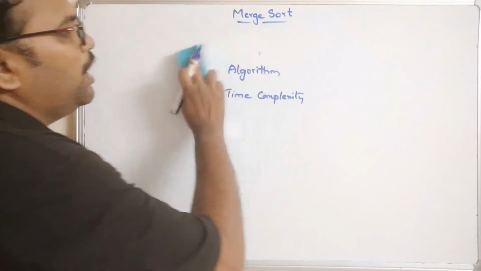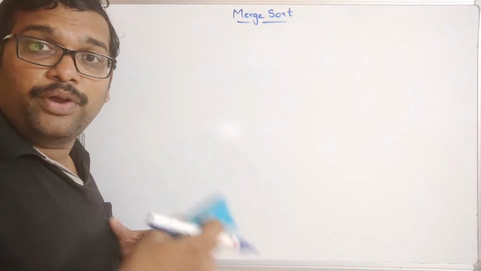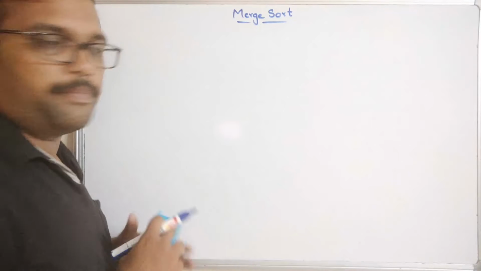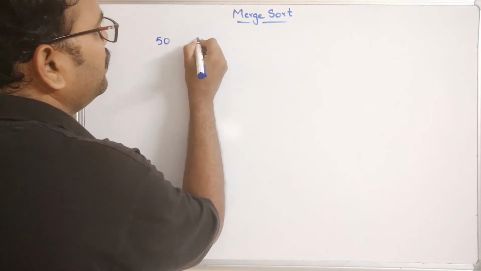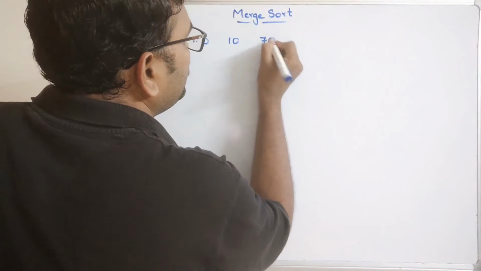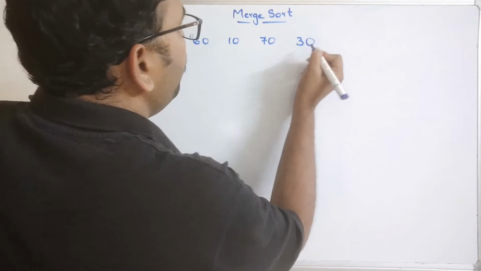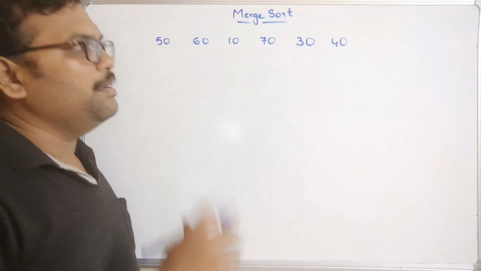Let us take a few unordered elements, and we're going to use the divide and conquer method. 50, 60, 10, 70, 30 and 40. Let us take these elements.